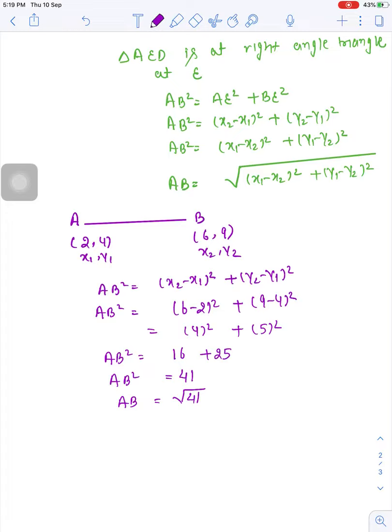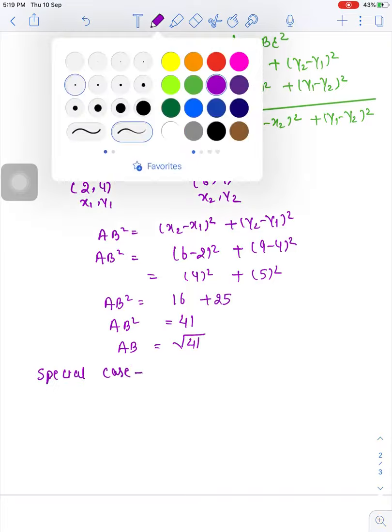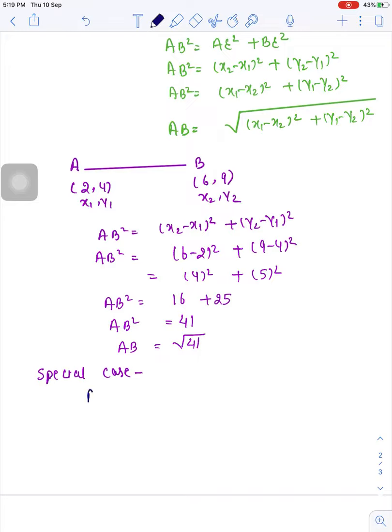Okay. Now we can go with a special case. What is the special case? We can solve many more problems, don't worry, but we can go with the special case. Suppose the first point is the origin. So if the first point is origin, then its coordinate is x0, y0, that is 0, 0, and the second point coordinate is x1, y1.